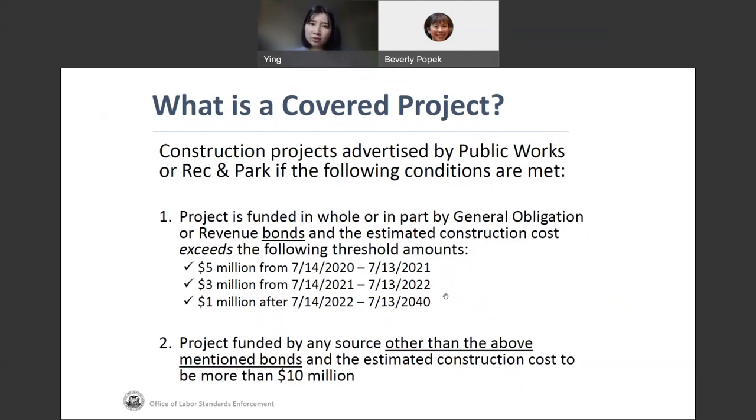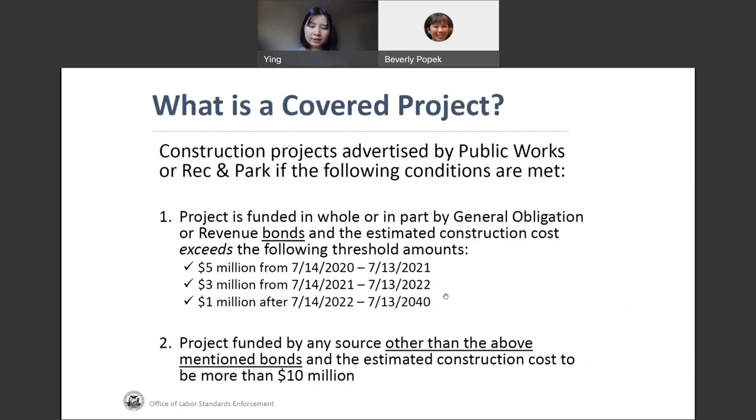It's $5 million from July 14, 2020 to July 13, 2021, and $3 million from July 14, 2021 to July 13, 2022. And after that, we have $1 million from July 14, 2022 to July 13, 2040. Projects funded by any source other than the above-mentioned bonds must have an estimated construction cost of more than $10 million.